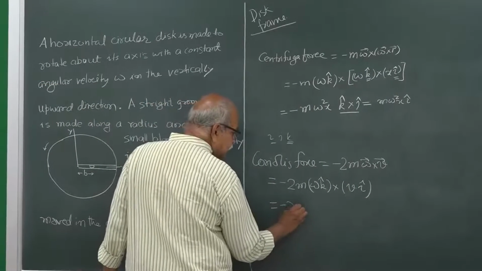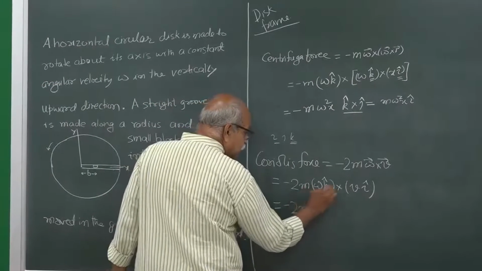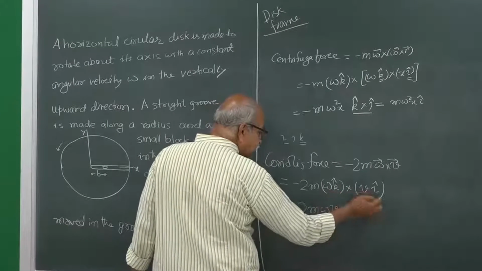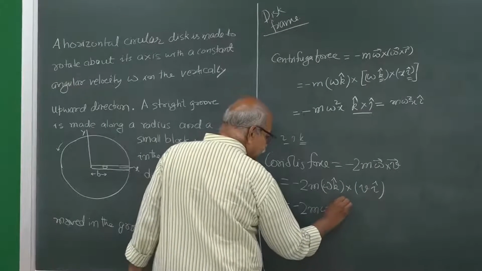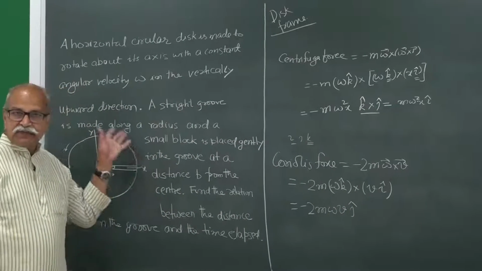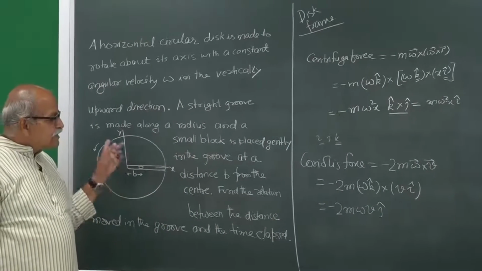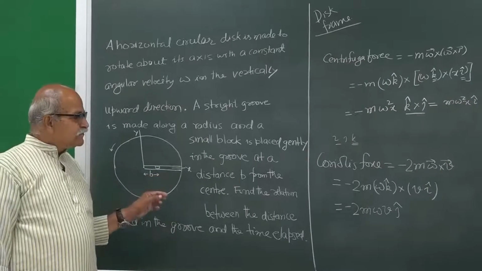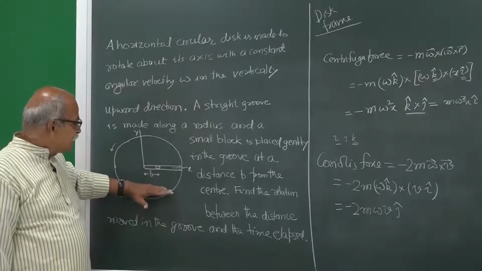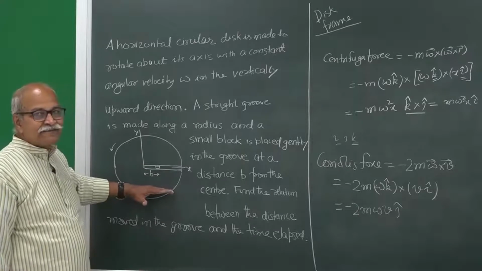So, it is minus 2 m omega v j cap. So, you have a Coriolis force. The Coriolis force is not 0, and it is in the minus j cap direction, that is, the negative y direction.